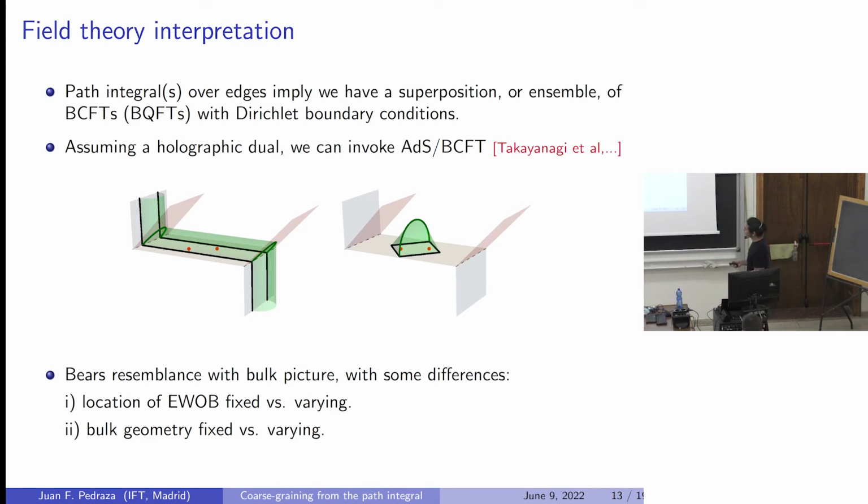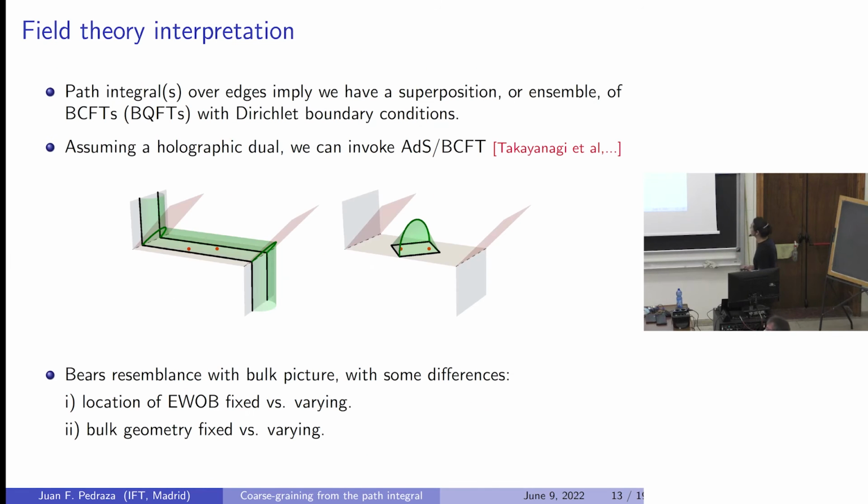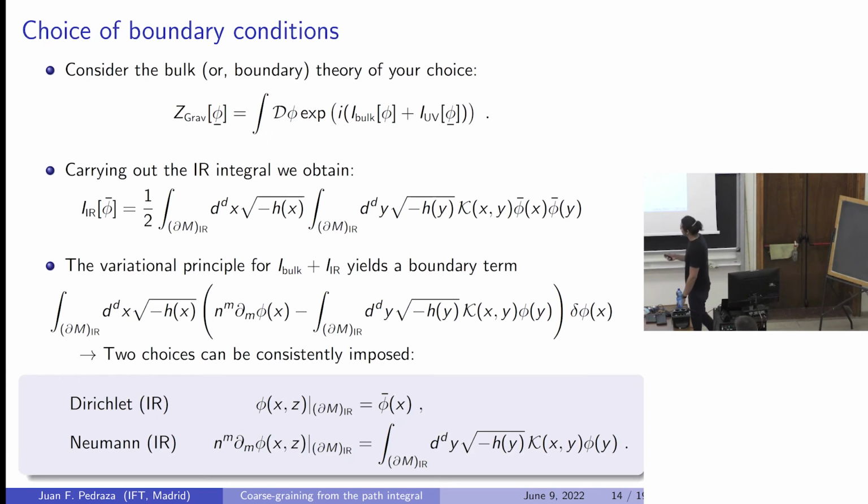But that is not the case for these path integrals that I arrive at here. So in order to make this connection between boundary and bulk, we went on to analyze what sort of boundary conditions we are entitled to impose in our prescription. So here we start with the path integral. You can think of this as in the bulk or in the boundary.